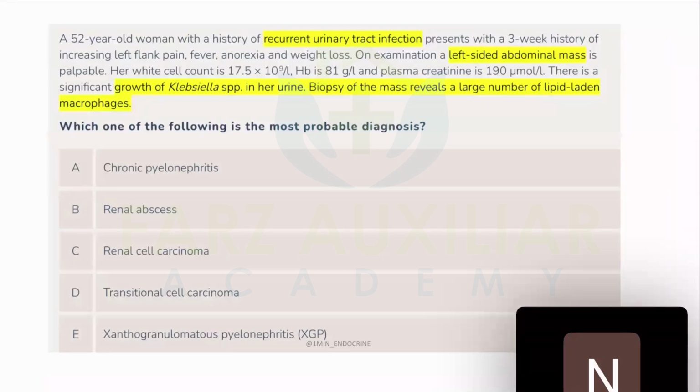You just have to answer the question. A 52-year-old woman with a history of recurrent UTI presents. You go through it. I'm also going to. Oh, it's a simple question.